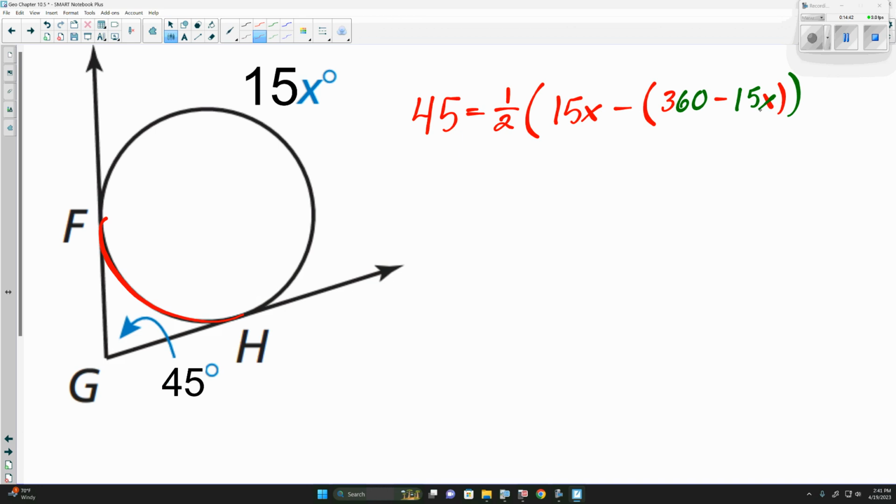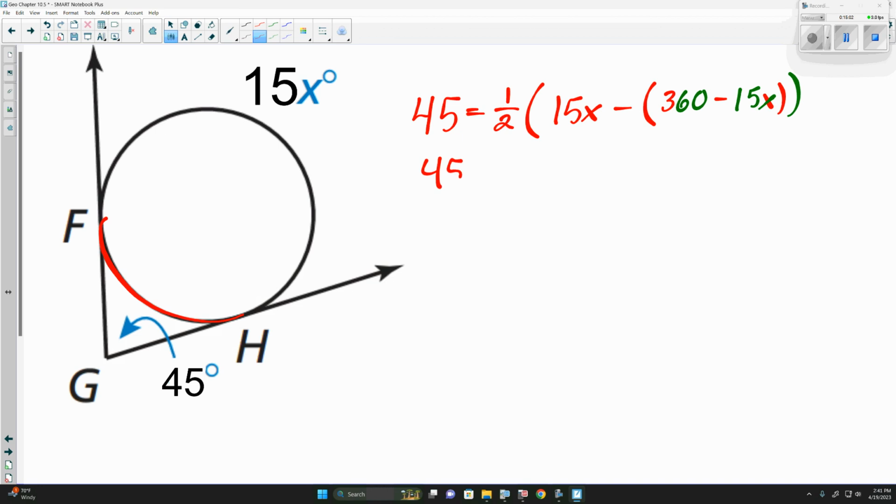And that's what we would actually need to do to get the other one. So even though it didn't give it to us, if we take 15x's value from 360, we should have that other arc. Does that make sense? It's not so intuitive to see it that way, but that's how we would approach this.